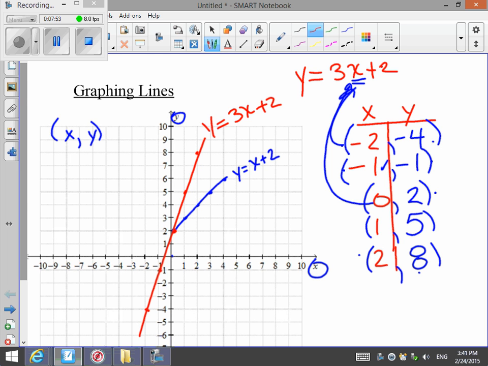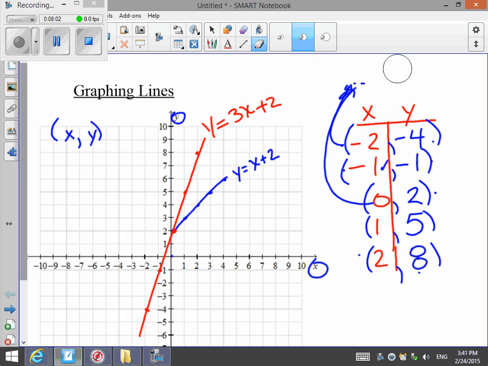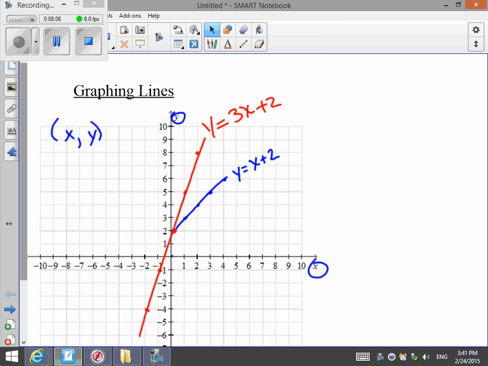And I'm going to do one last one here for you, but basically this is what we're going to do. I'm going to put a negative in the line, but since it's just substitution, and we all know how to do our negatives and positives when we're multiplying, it shouldn't be a problem at all.